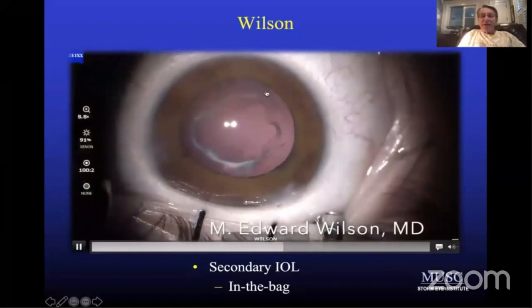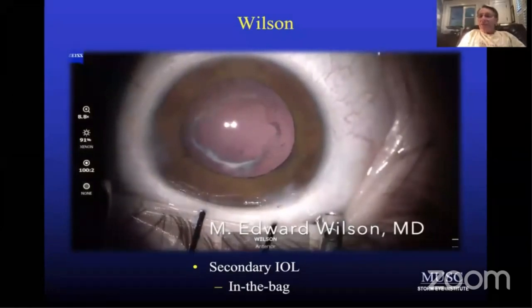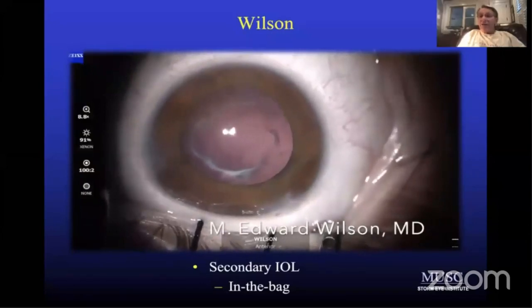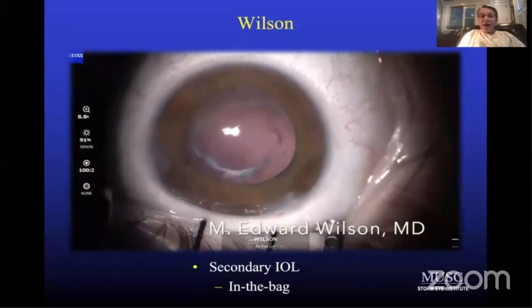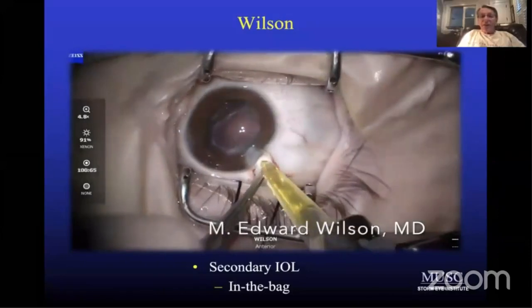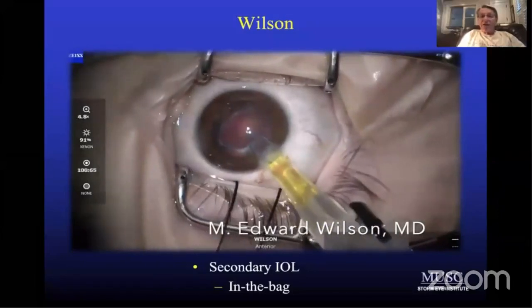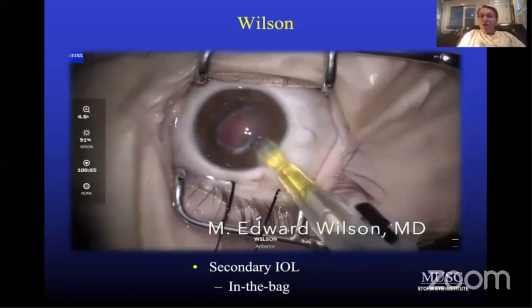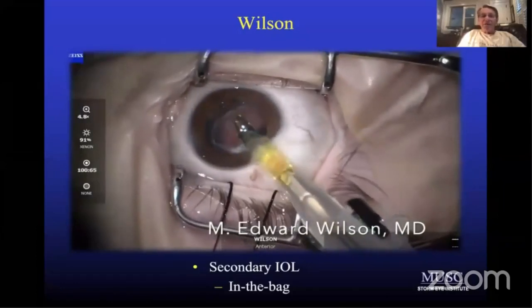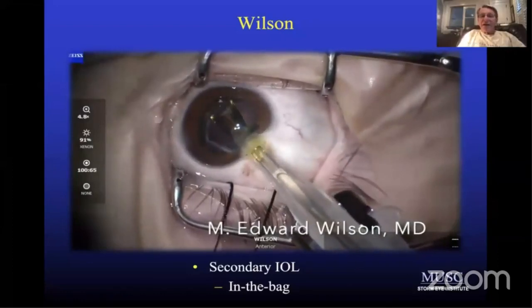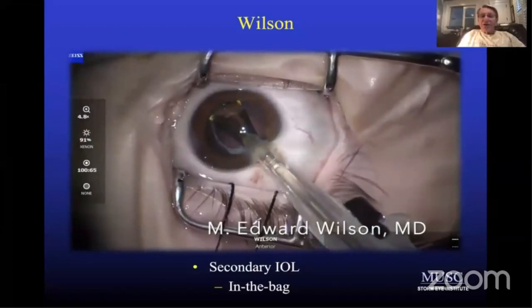Now I can place the lens within the capsular bag where I would like it to be, rather than in the ciliary sulcus, and that allows me to do secondary in the bag implantation. And this is what I do for almost all of the infants that I leave aphakic in early infancy.